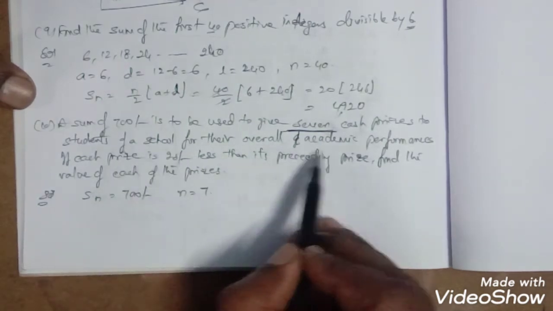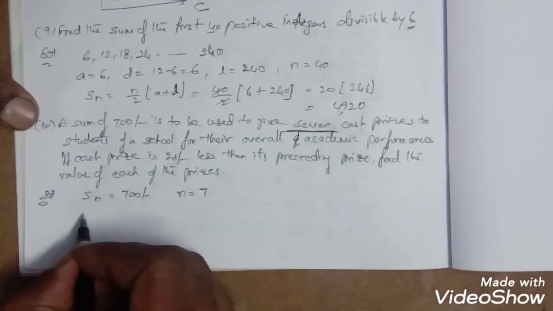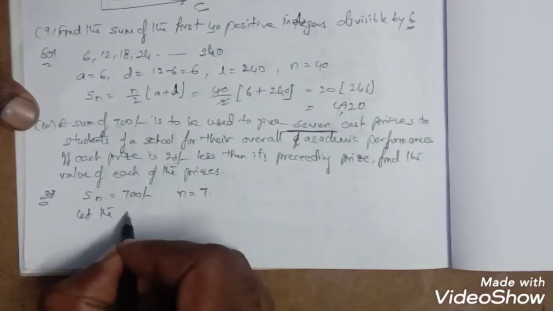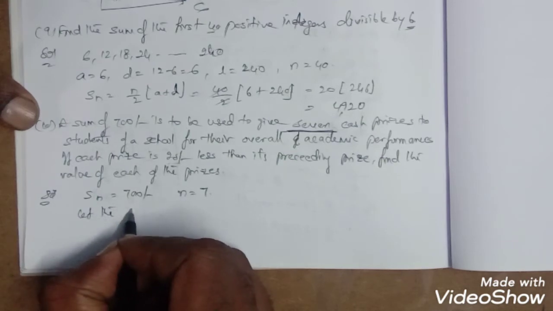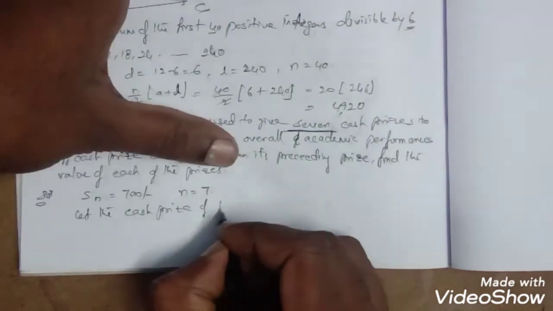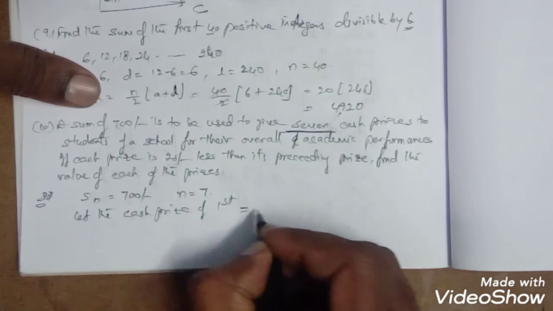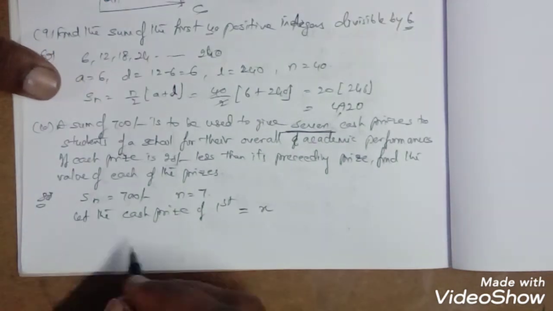Next, each cash prize is 20 rupees less than the preceding prize. So let us assume that the cash prize of first is equal to x, right? Now what will be the second?